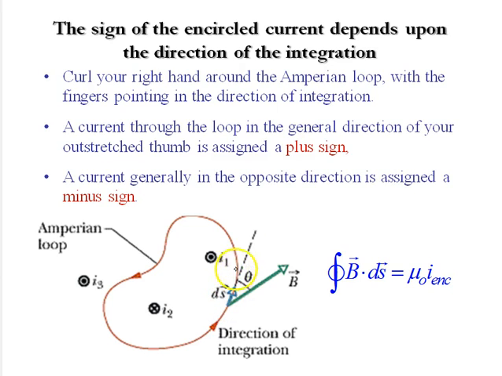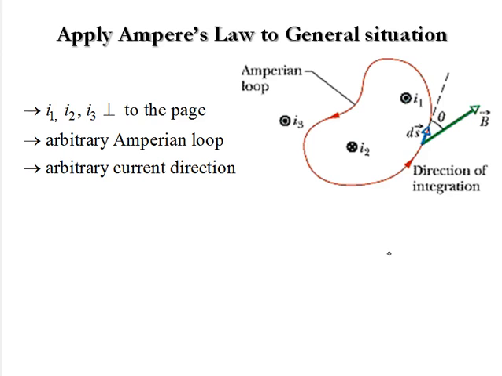When we do that, if our thumb is pointing in the same direction as the current, then we'll assign that current positive. If our thumb is pointing in the opposite direction of the current, we'll assign that current to be negative. That's our law for the relationship between our encircled current and our direction of integration, where we get the direction of our ds.